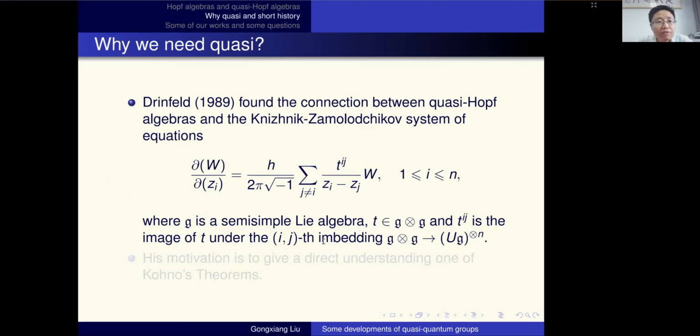The motivation of Drinfeld was to find the connection between quasi-quantum groups, or quasi-Hopf algebras, and the Knizhnik-Zamolodchikov system of equations, a system of linear partial differential equations.